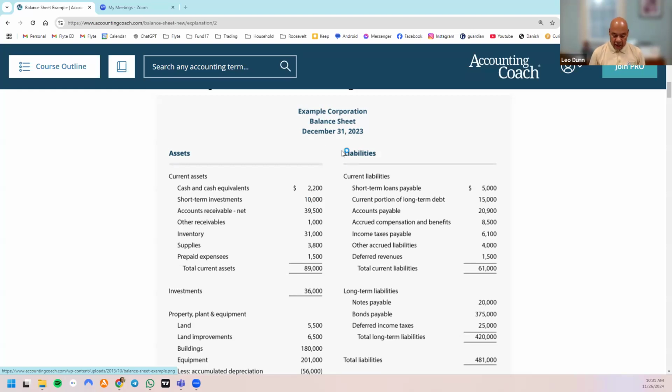Under current liabilities, we have short-term loans payable, $5,000. That loan is set to be paid in less than 12 months. The second item is the current portion of long-term debt. Under long-term liabilities, we have notes payable and bonds payable. This relates to the notes payable.